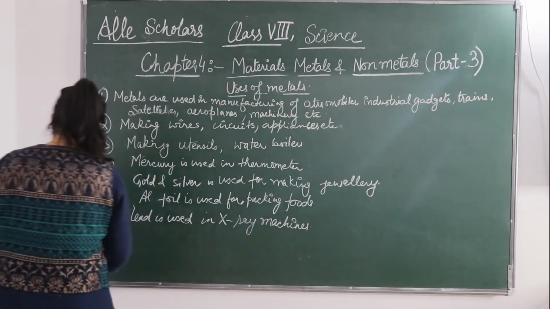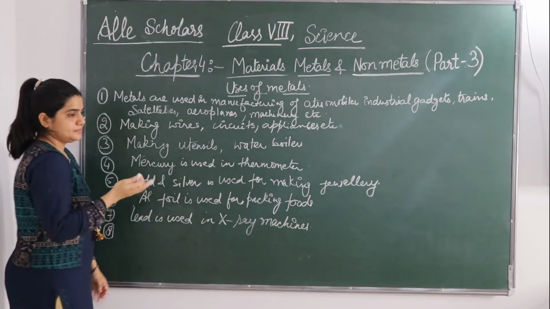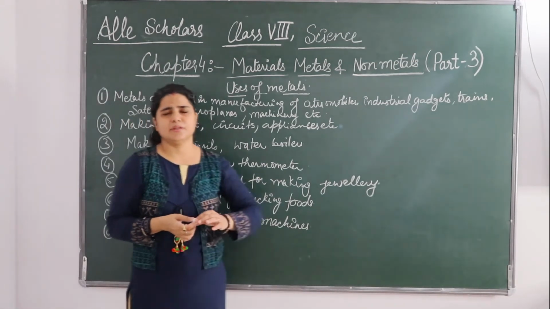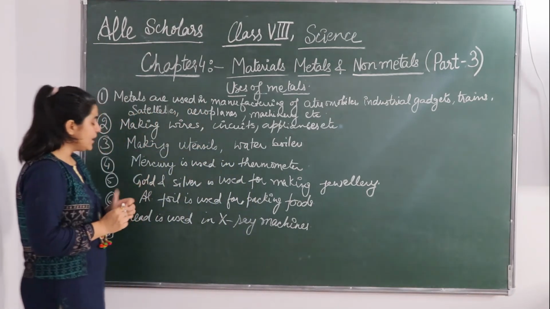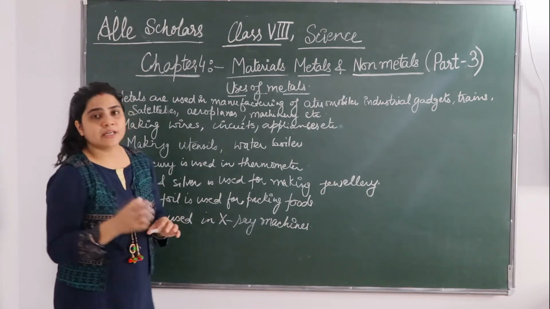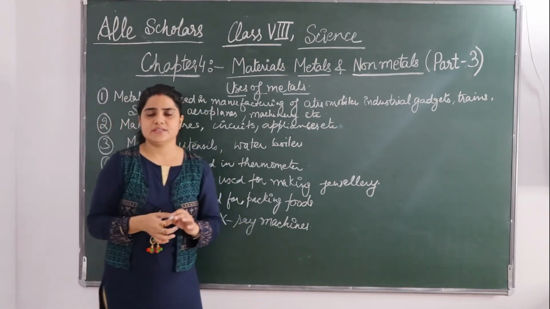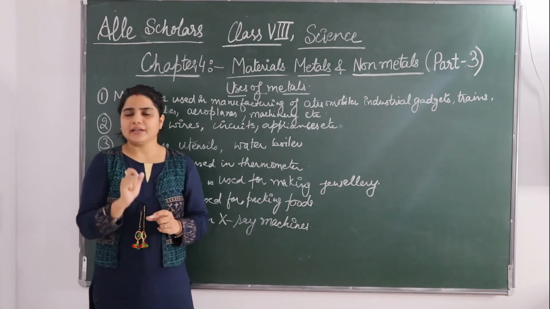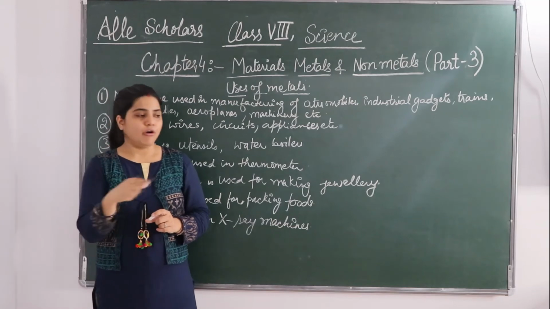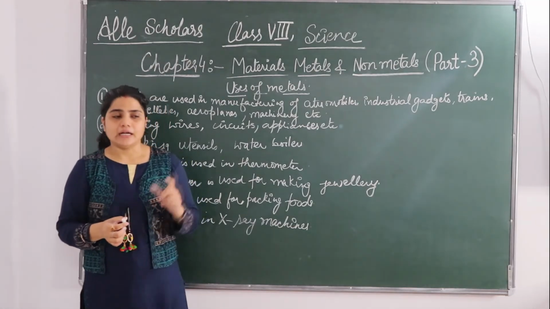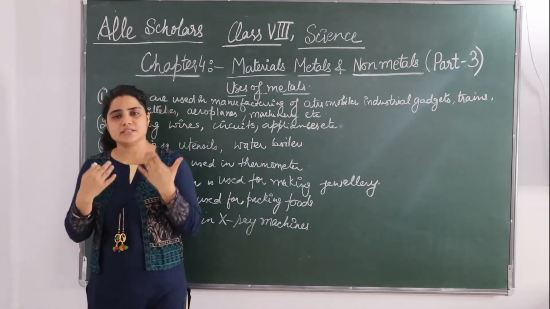Next is, if you see different alkaline earth metals are there, like magnesium. Magnesium is found in plants in a form of chlorophyll. In higher class we will study about it in detail. So magnesium again is a metal. It is present in a plant in a form of chlorophyll. And this chlorophyll helps plant in what? In photosynthesis.